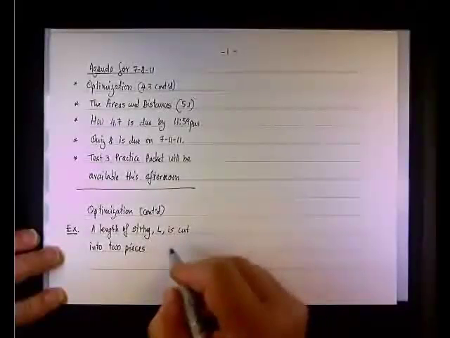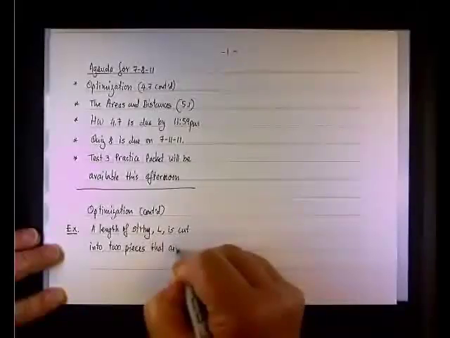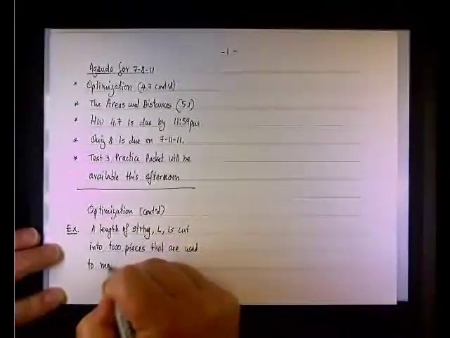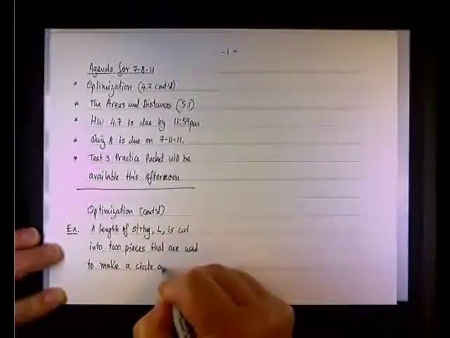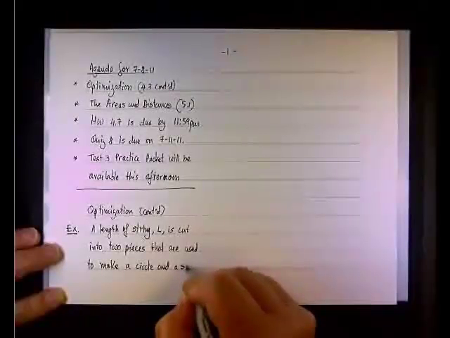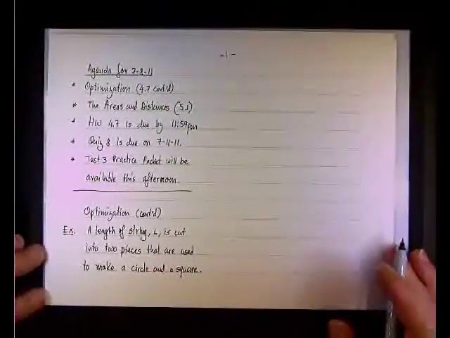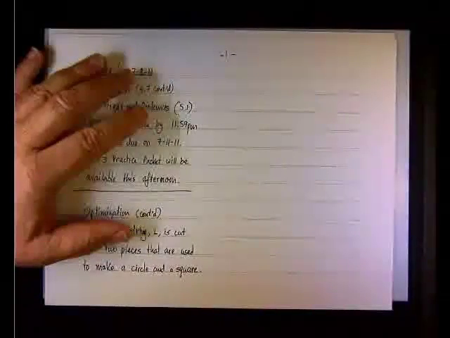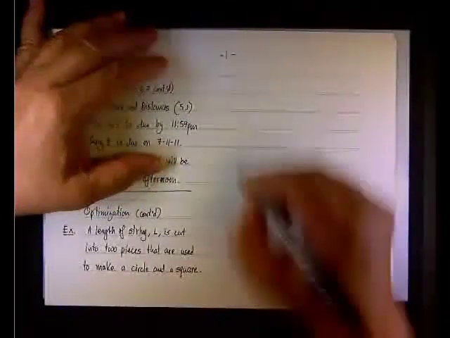So a length of string L is cut into two pieces that are used to make a circle and a square. Our job is to find the length of a cut that minimizes the combined area of the circle and the square. So let's write it.